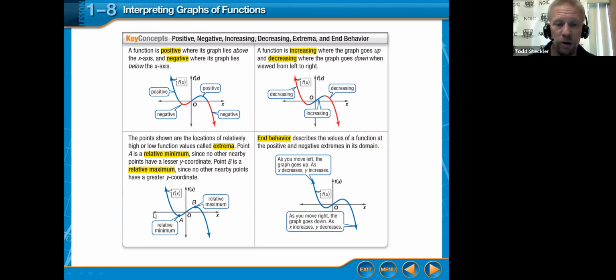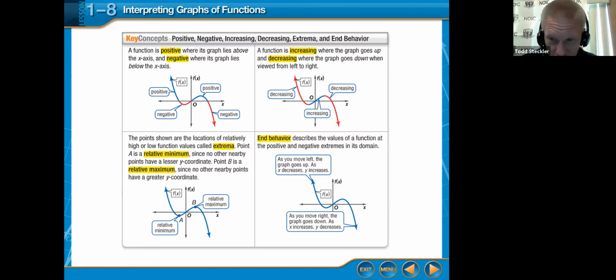In other words, the graph is changing from decreasing to increasing. That's a relative minimum at this blue point, point A. And when we have a graph that changes from increasing to decreasing, the point where that change occurs is the relative maximum. In this case, that's letter B.